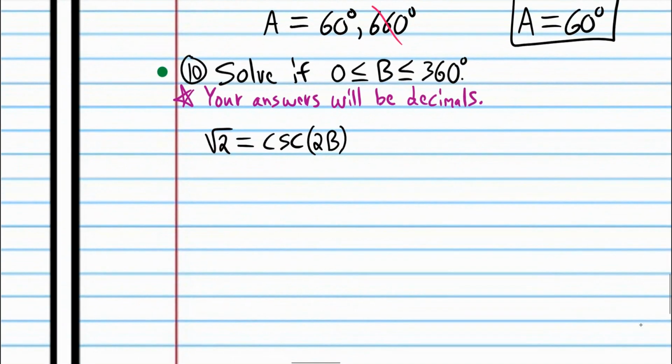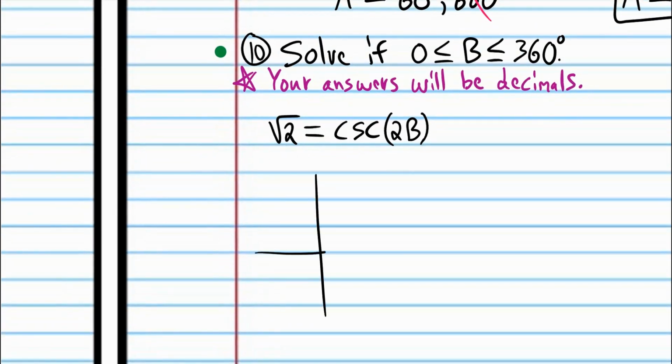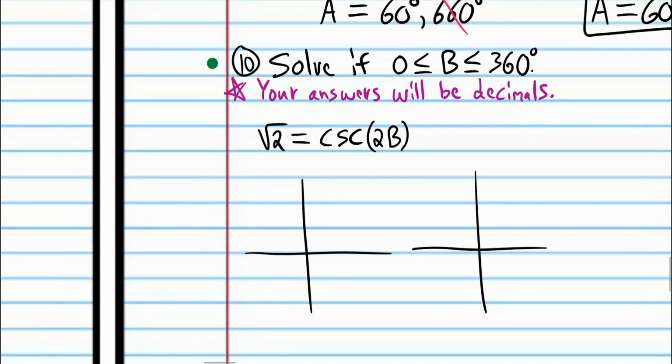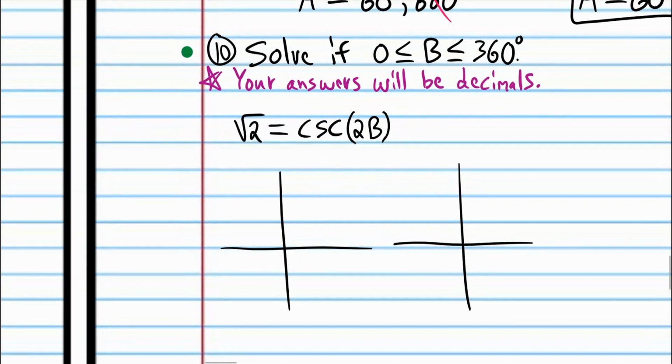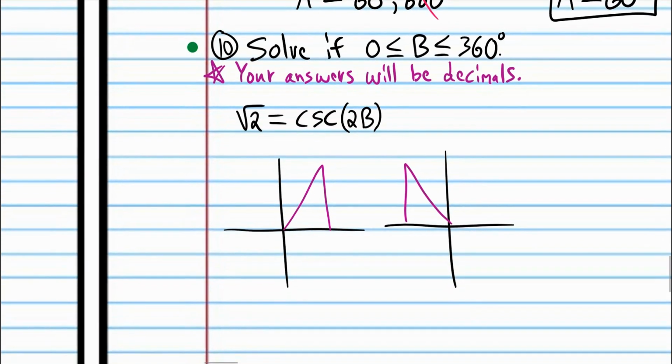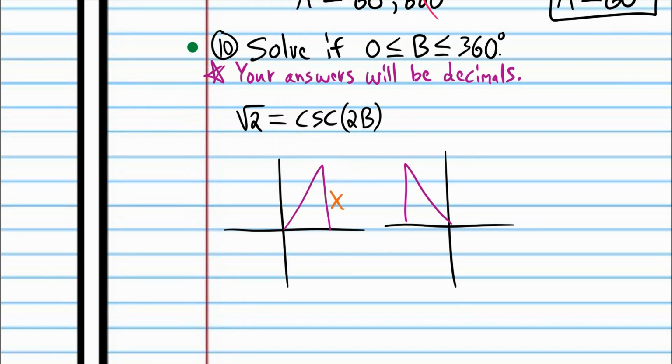Okay, we're back. So you may recognize this ratio as x root 2 over x. So the hypotenuse is always positive, so that means the opposite side, because cosecant is hypotenuse over opposite, must be positive. So that means we have a triangle in the first quadrant and the second quadrant. And x root 2 over x is a 45, 45, 90 triangle.